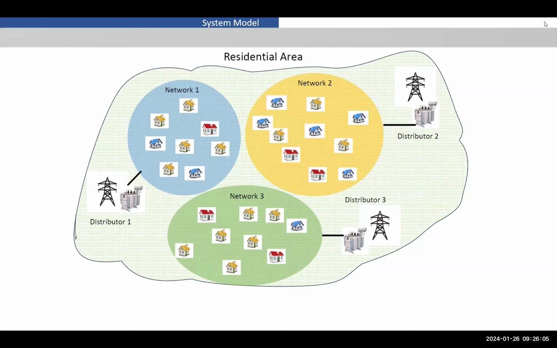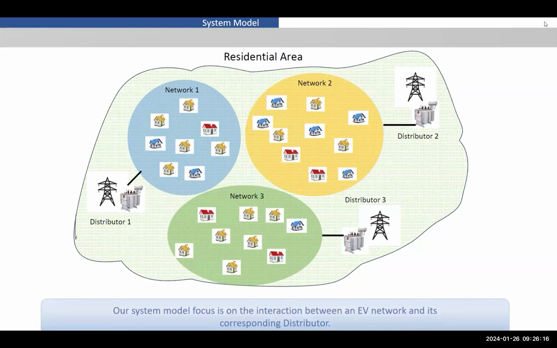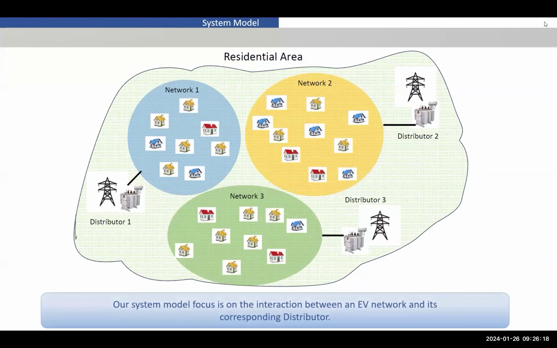So it means that we have different networks and different distributors. Our focus in this research is the interaction between a network and the shared transformer or distributor corresponding to that network. Consider that our focus is the interaction between network one and distributor one. So let's see what we have.